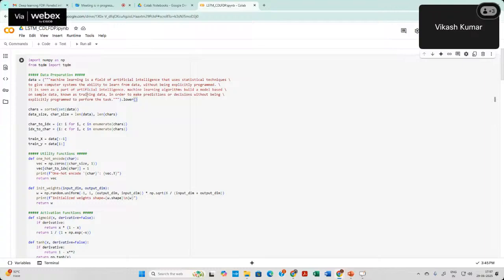Either you can go by character level or word level. Both ways you can model the architecture. If we go by character level, we first need to figure out the different unique characters in this whole paragraph.